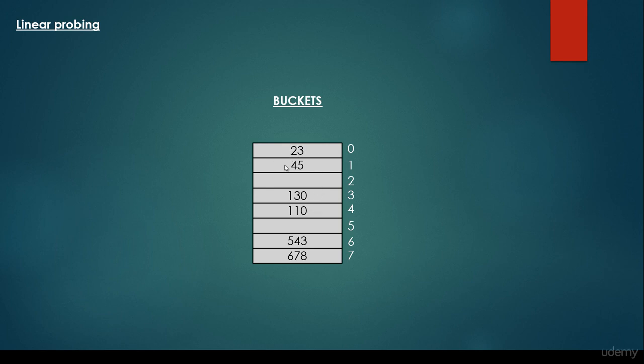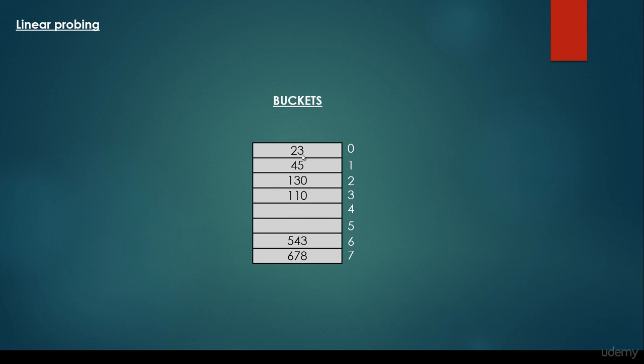When basically all the items are not equal to null right after each other. Before the deletion, it is a single cluster, because there's a null value between the two clusters. But if we get rid of this, we have to make sure that we shift this 130 one position up, and we shift 110 one position up.